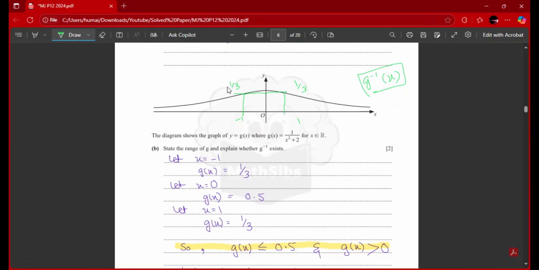But my output is same, 1 over 3. You can see it here as well. If I put x is minus 1, and if x is equal to 1, I get the same output, which means that my function is one to many. For one output, I have many inputs. So that's the reason our g inverse does not exist. So how do we write this in words?